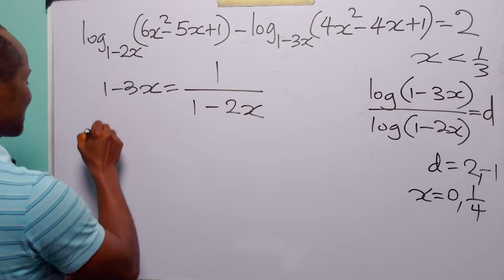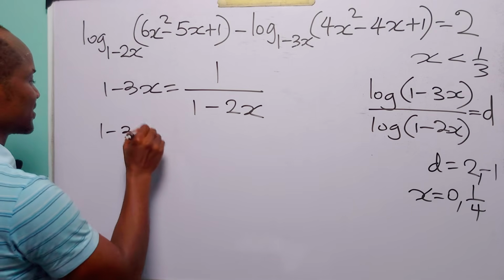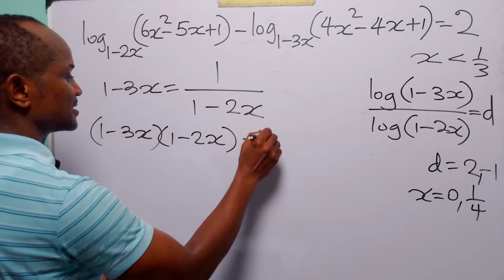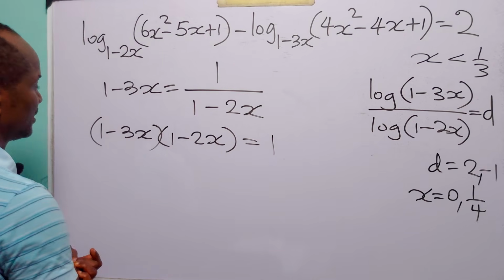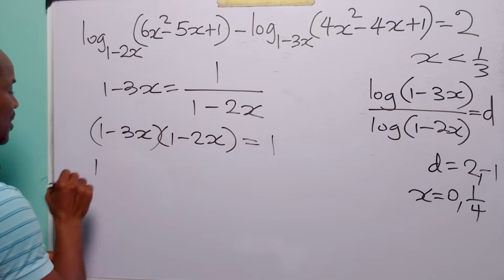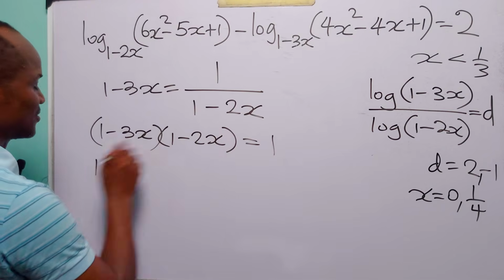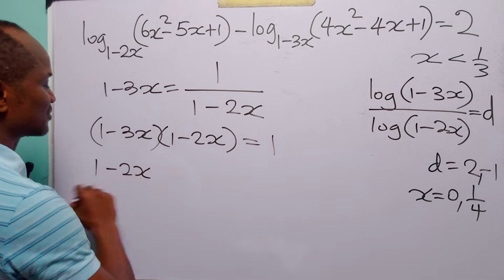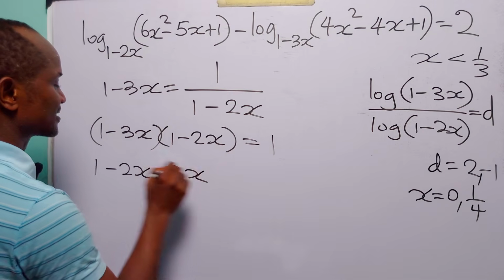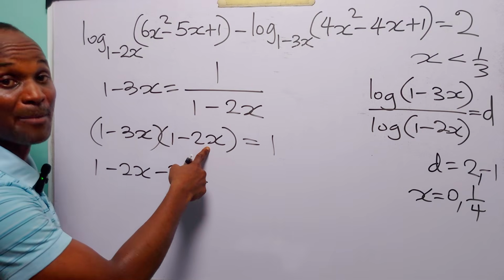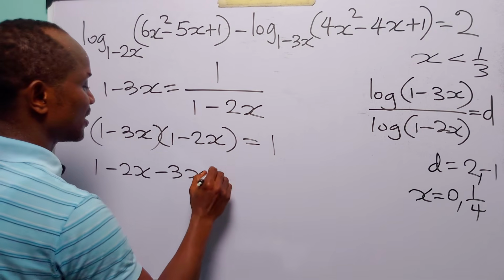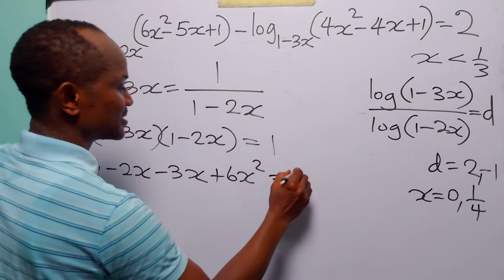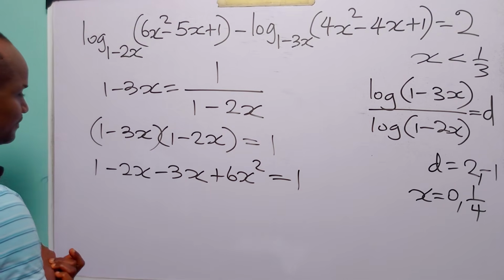Cross multiplying, we have that (1 - 3x) times (1 - 2x) is equal to 1. 1 times 1 is 1. 1 times minus 2x is minus 2x. Minus 3x times 1 is minus 3x. Minus 3x times minus 2x is plus 6x squared. And this is equal to 1.